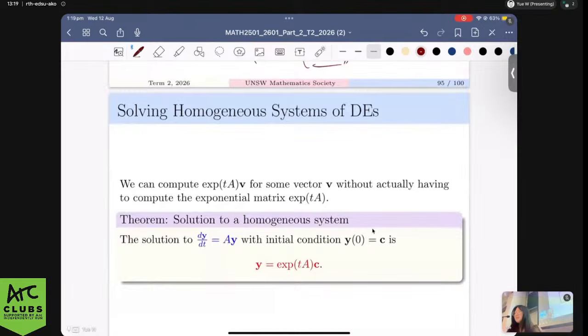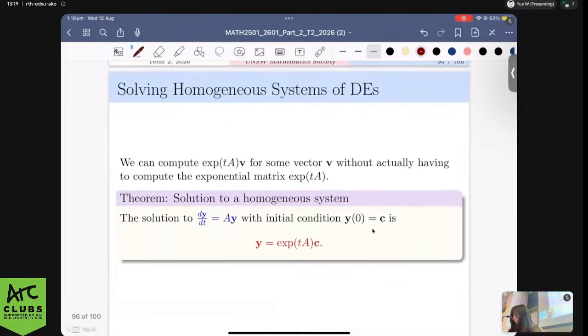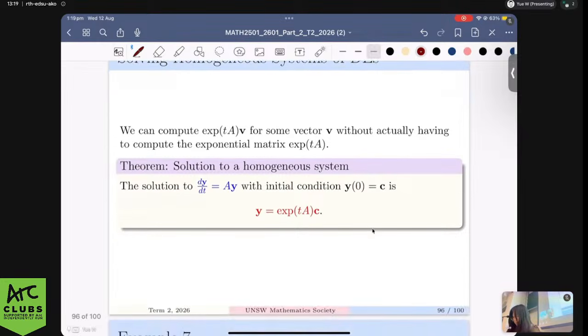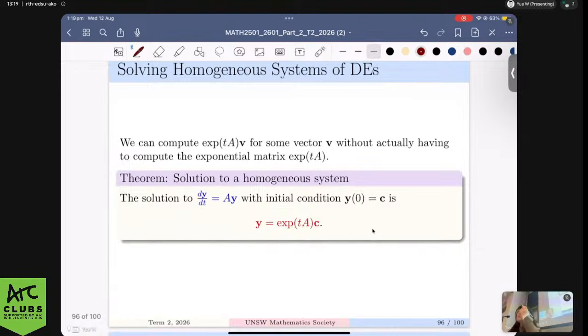Okay, so now moving on to solving homogeneous systems of differential equations. Once again, we can compute e to the tA multiplied by some vector phi without actually having to compute the exponential matrix, by using the column method we have discussed from before.